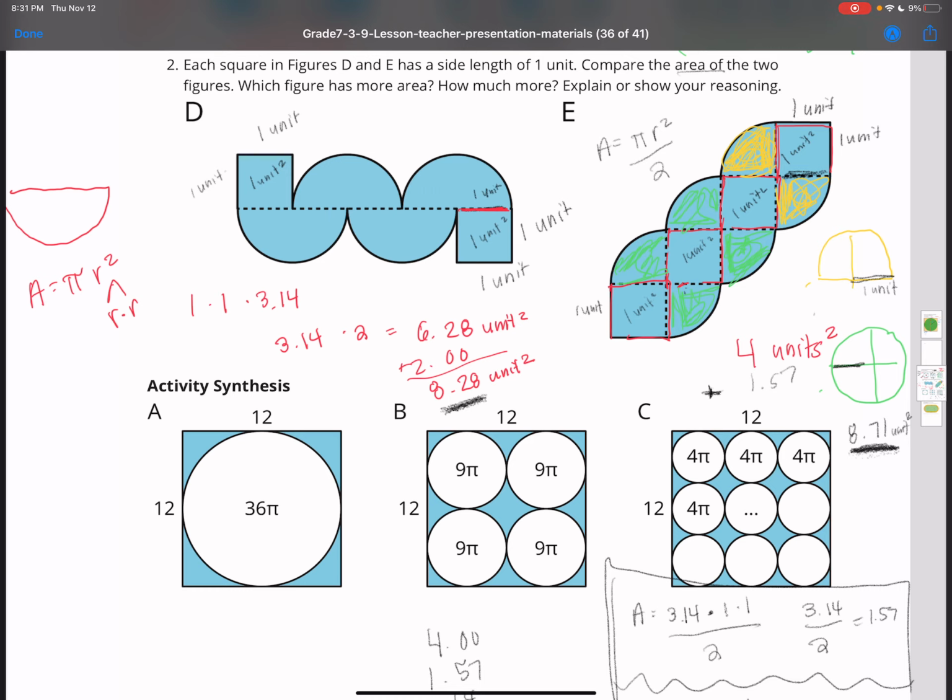And then I want to challenge you guys to explain, put it in your own words, because I did the part of showing your reasoning. Now I want you guys to put it in your own words of how did we figure out that figure E had the more area. All right. So you guys think about that, and I'll see you guys in question 3, which is the last question of lesson 9.